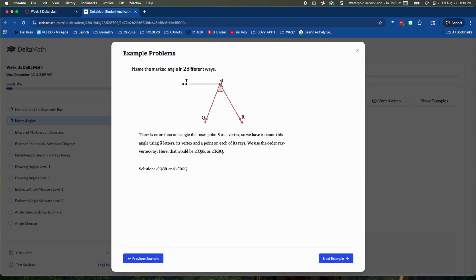So for example, in this previous one, if I said angle S, do I mean this piece here that they have shaded? Do I mean the other space that's not shaded? Or do I mean the corner that goes both spaces combined together? So if it's ambiguous or it could be more than one option, that's where you have to use your 3 letters to define it.